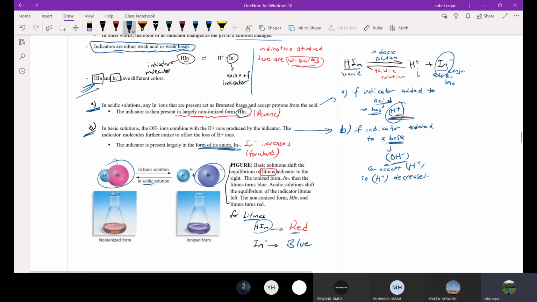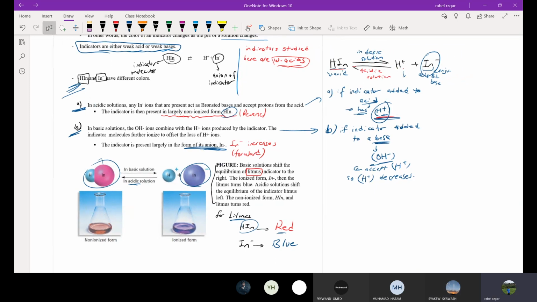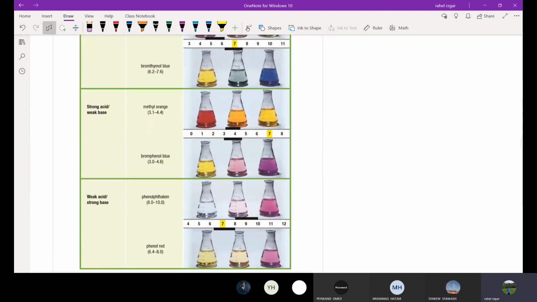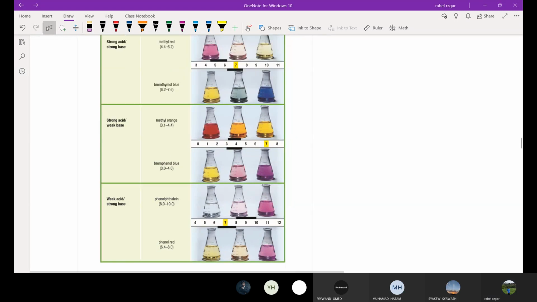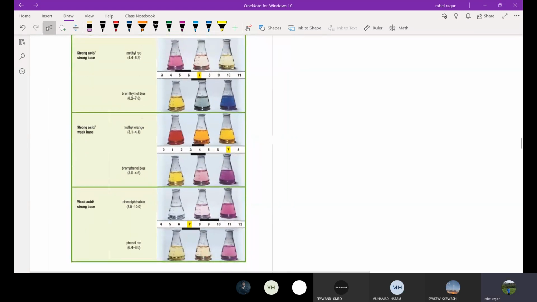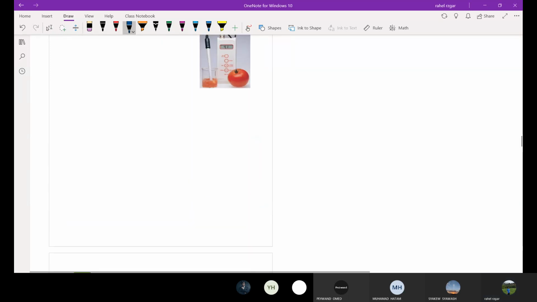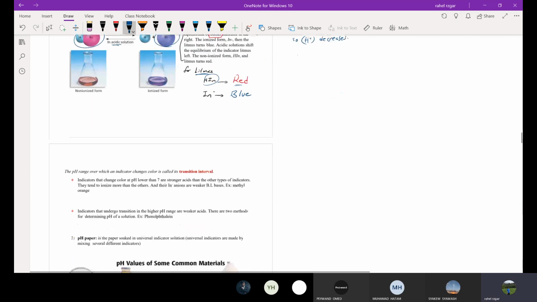So the litmus is not the only indicator. If you turn the page to this part, page 123, I think. 123. These are all indicators. Okay. But now, why did I show you that?